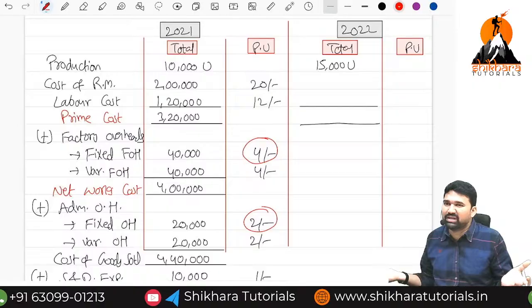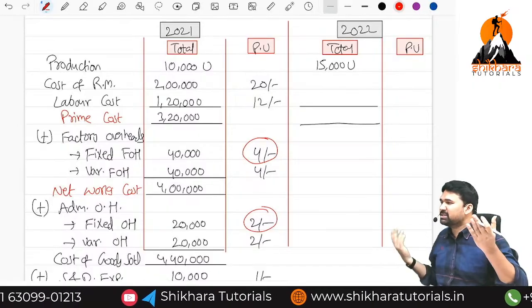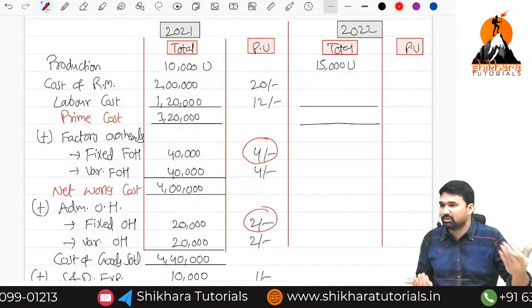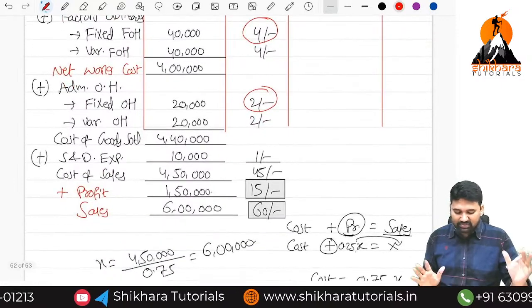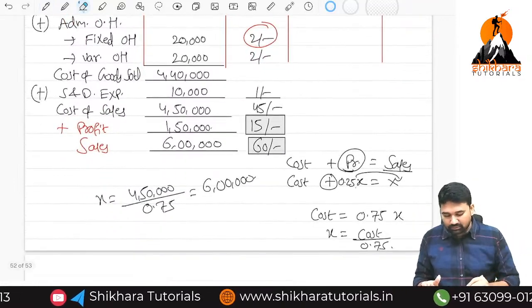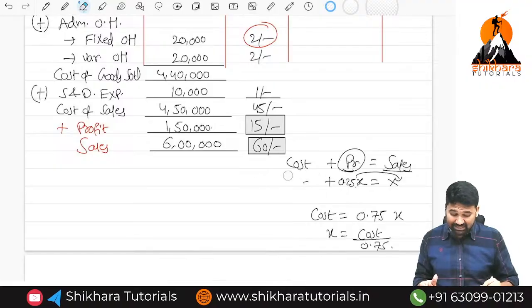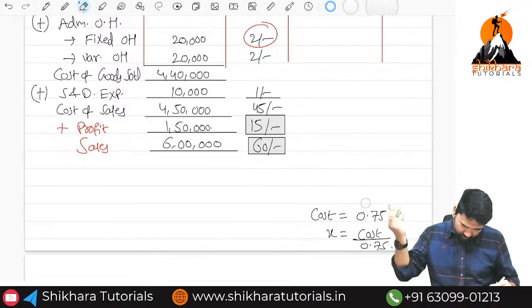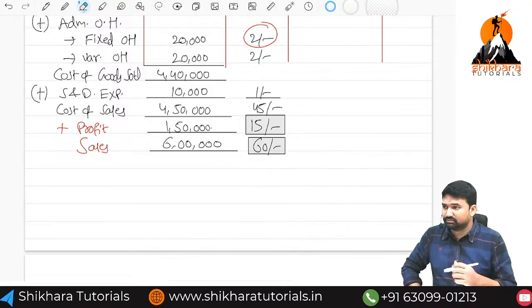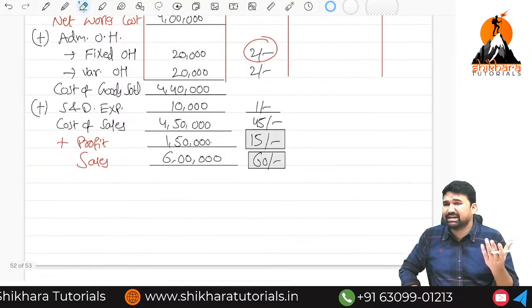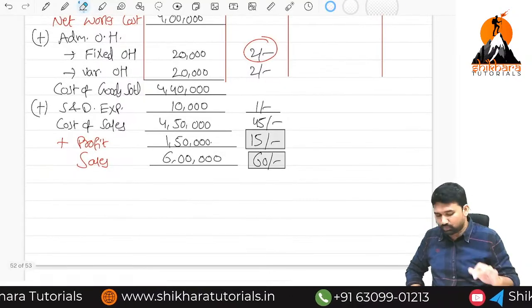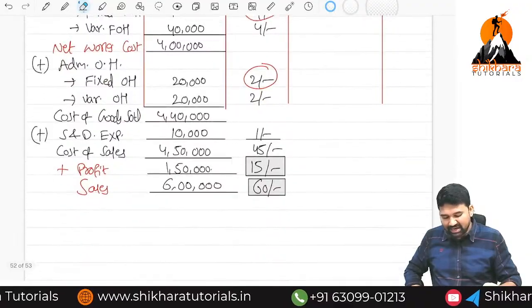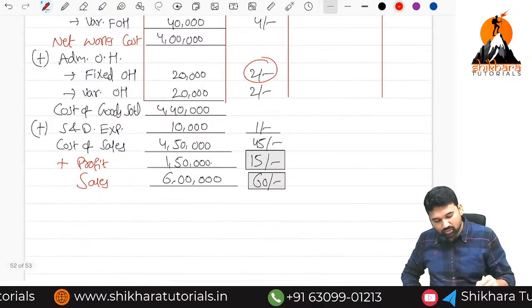Even though we found it, it will change. There is no point. That is why we have ignored it. For presentation purposes, we have included it again. Sir, in the exam also, how should we write it? It is your choice. It is up to you. Okay. So this is the data pertaining to 2021.